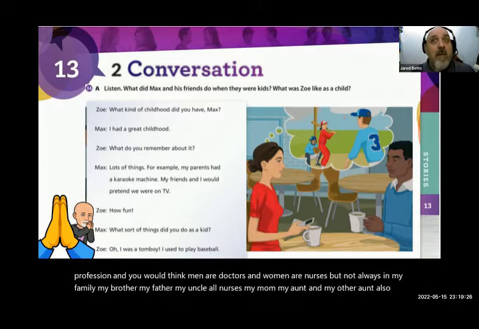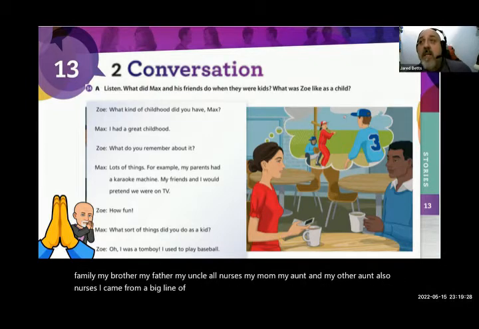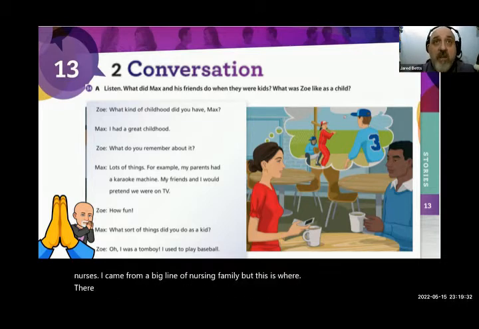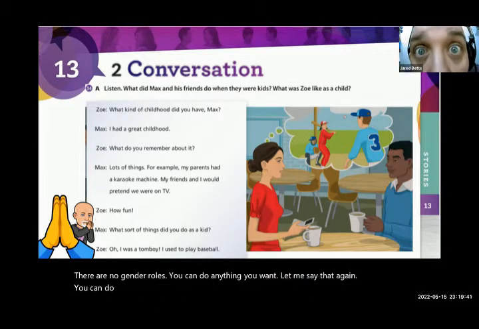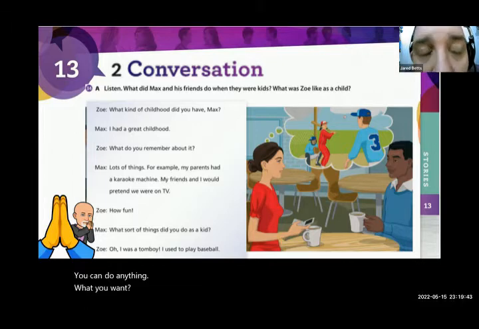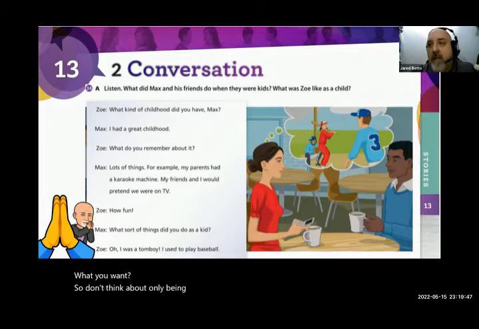Yeah, I came from a big line of nursing family. But this is where there are no gender roles. You can do anything you want. Let me say that again. You can do anything that you want. So don't think about only being locked into one place.